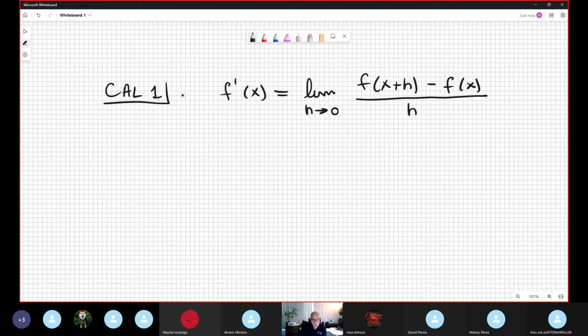Okay, look, for a function to be differentiable in Cal 1, in Cal 3 it is different, but in Cal 1, the first condition is to be continuous. If we have a discontinuity at the point, maybe jump discontinuous or removable discontinuous, either way, it is not differentiable.